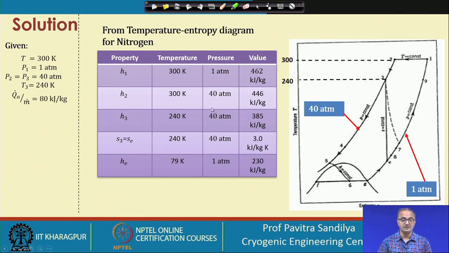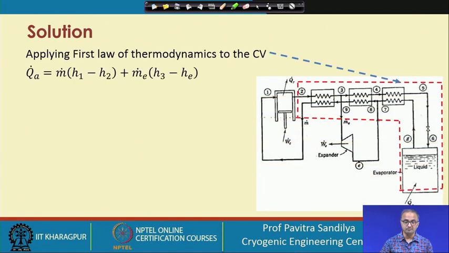At these various conditions, we find out the values of H1, H2, etc., and the entropy also. We know that the entropy at the inlet and the outlet of the expander are the same, because we are taking them to be isentropic. So with these conditions, we make a first law of thermodynamics energy balance.